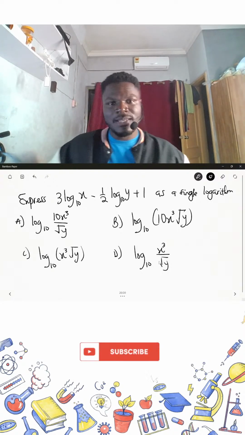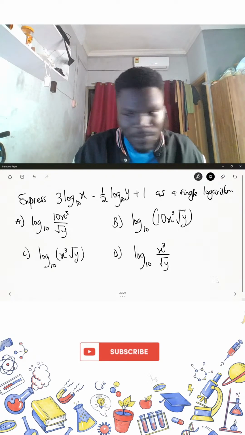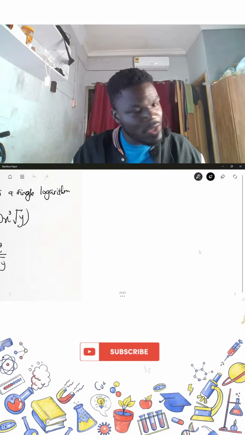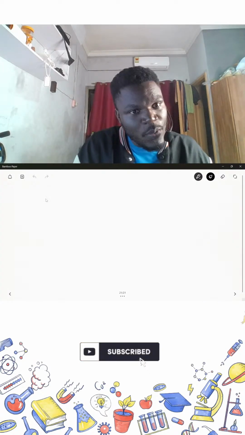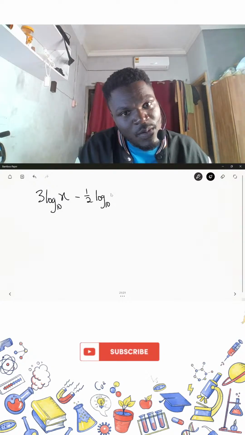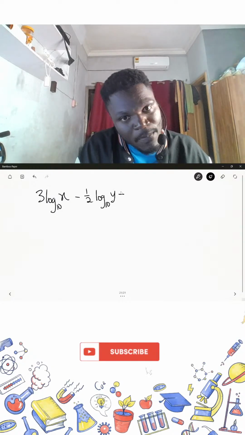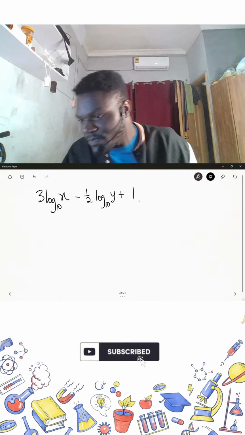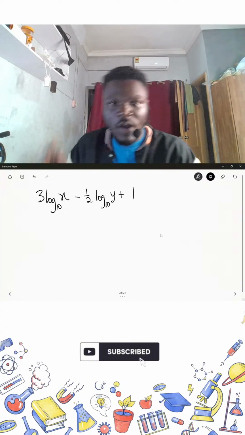Okay, so let's look at the solution to this problem. So let me rewrite it on the new canvas. So we have here 3 log base 10 x minus half log base 10 y plus 1. Are we okay? Colina is also saying option A. All right, very good.